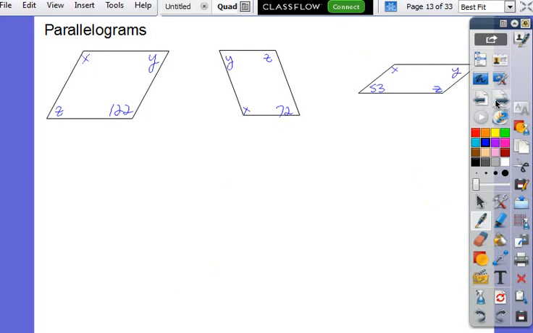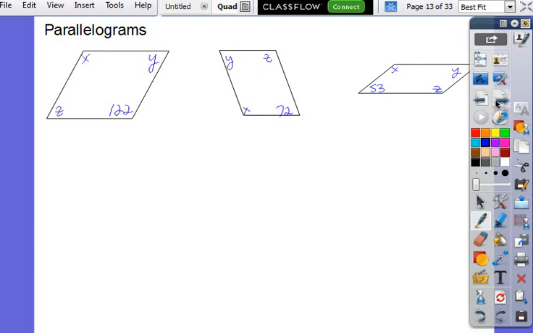What's the other rule? If they're consecutive, they have to do what? Add up to 180. If they are opposite, they have to be equal. If they are consecutive, they have to add up to be 180.